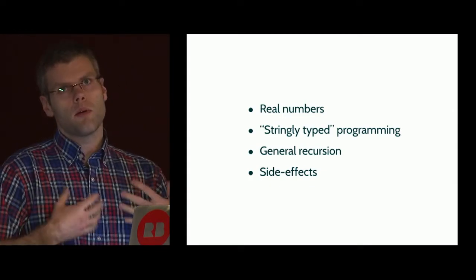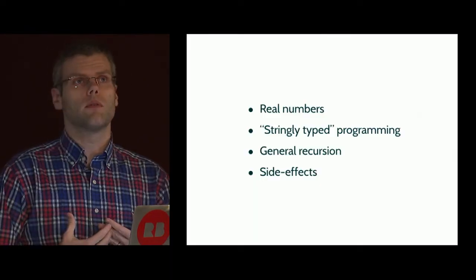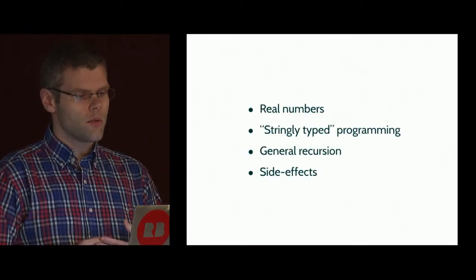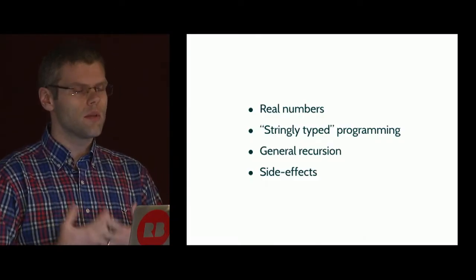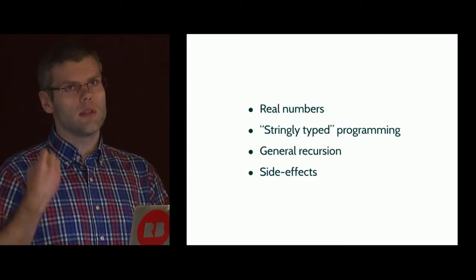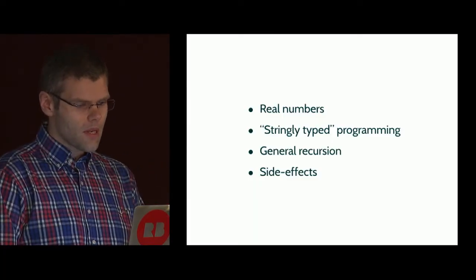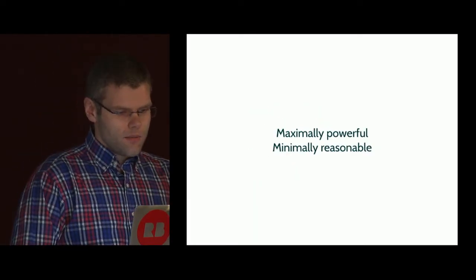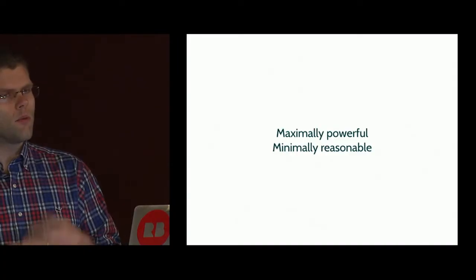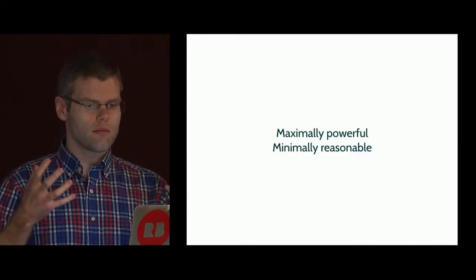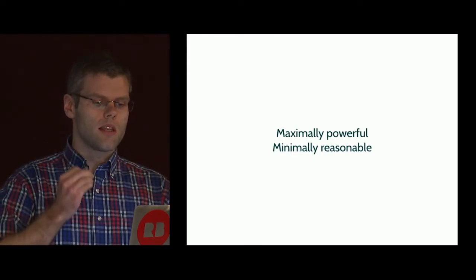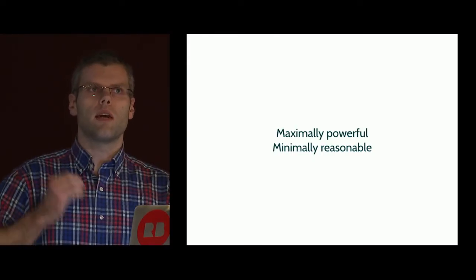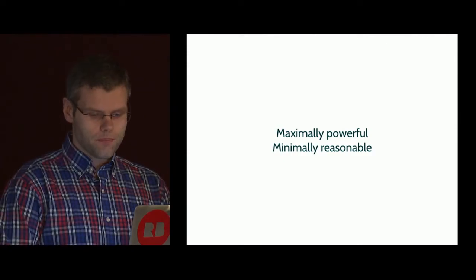Because when we're coding, we should ask ourselves: do we really need general recursion? Do we really need to go to a string here? Do I really need a side effect here? And what am I missing out on? Well, the fact is that the more expressive a language can be, the larger it is, the less we can analyze what we have expressed in that language.